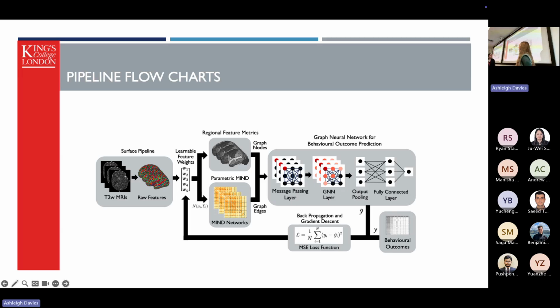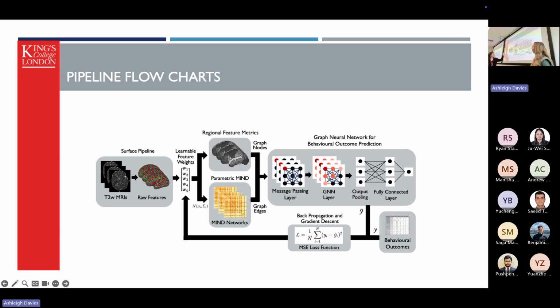So this pipeline takes in two inputs, MRI images and some more features derived from the images directly on surfaces. And it's got some learnable feature weights that the pipeline is going to work on.